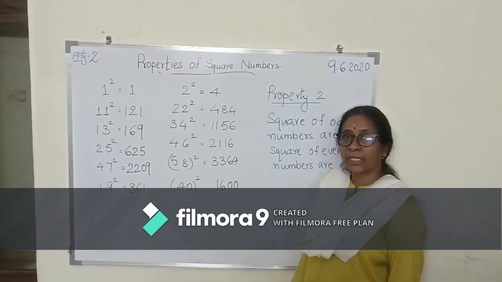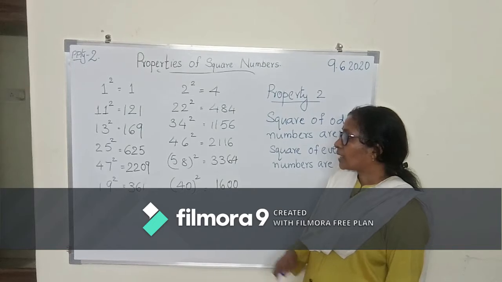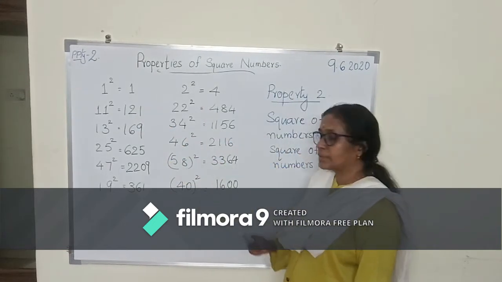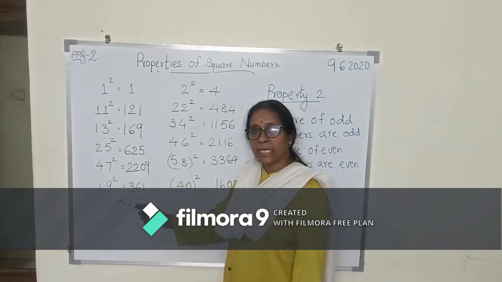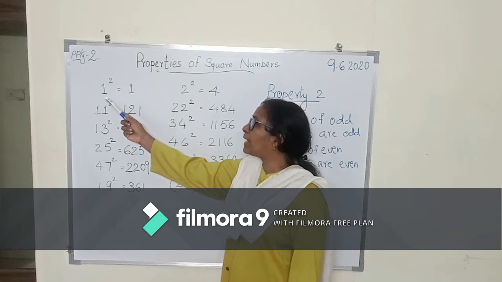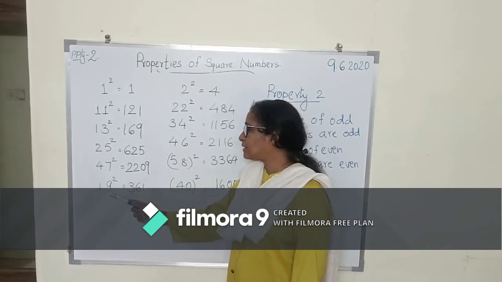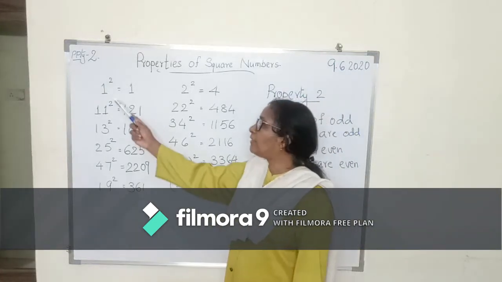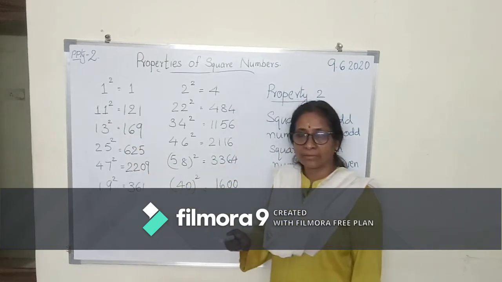Now let us see the second property of square numbers. You see here I have written the squares of some of the numbers. If you see the column 1, what type of numbers are they? They have unit place 1, 3, 5, 7, 9. What are they called? The numbers which have unit place 1, 3, 5, 7, 9.